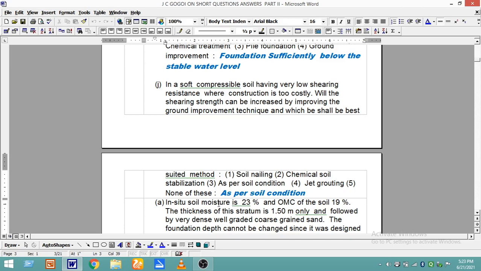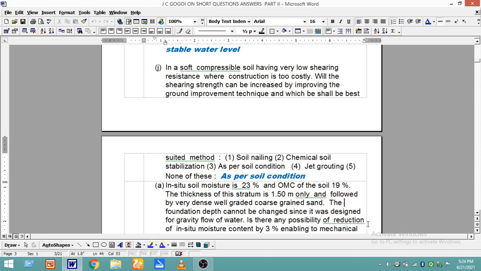In situ soil moisture is 23% and OMC of the soil is 19%. The thickness of this stratum is 1.5 meter only, a very nominal thickness, followed by very dense, well-graded coarse-grained sand. The foundation depth cannot be increased since it was designed for gravity flow of water.